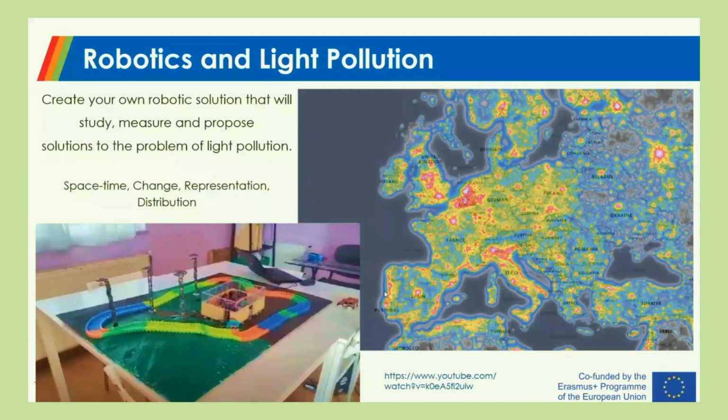Robotics and light pollution, because as we mentioned, we have this geotopic focusing on STEAM activities and robotics. This is how we map light pollution from space. And in the bottom left corner, we see an activity from students.